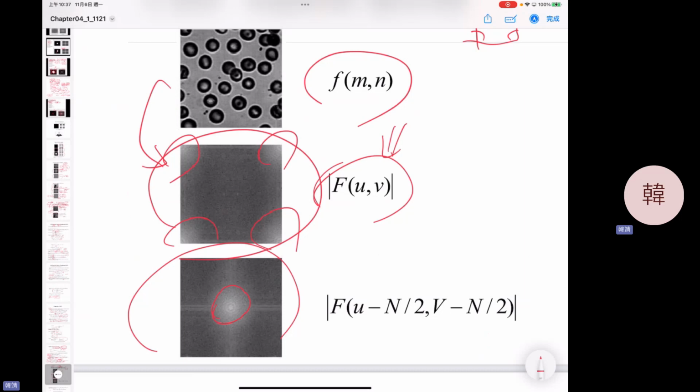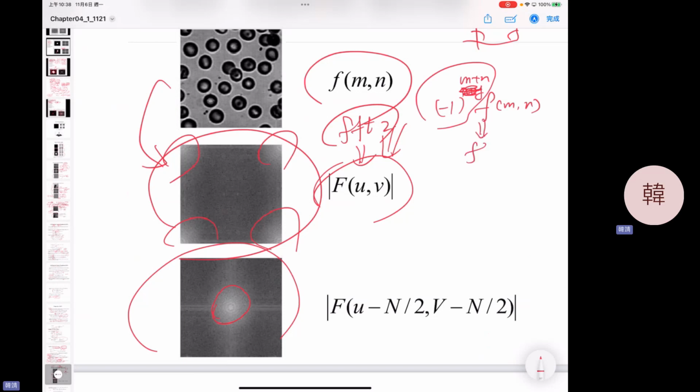So if you multiply by this coefficient before you apply FFT2, you will see your magnitude spectrum shifted to the center.